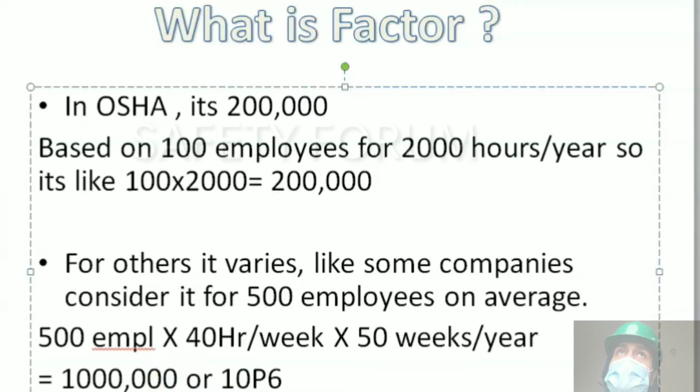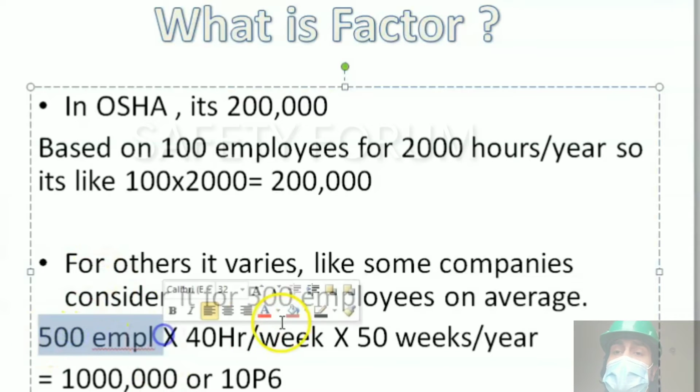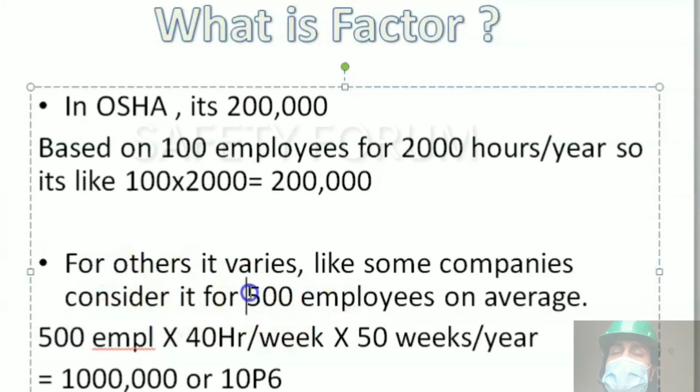When you talk about IS 386, Indian Standard 386, most companies consider it for 500 employees. They use this factor for 500 employees as a standard, working 40 hours a week and 50 weeks per year. There are actually 52 weeks in a year, but it is standardized and taken as 50 weeks per year.